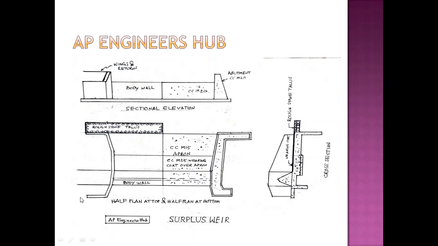And the cross section: this is the body wall, this is the wing, return, this is the upstream cutoff, downstream cutoff, this is the apron, and this is the downstream wing and return. This is rough stone talus. This is the total drawing of the surplus weir.